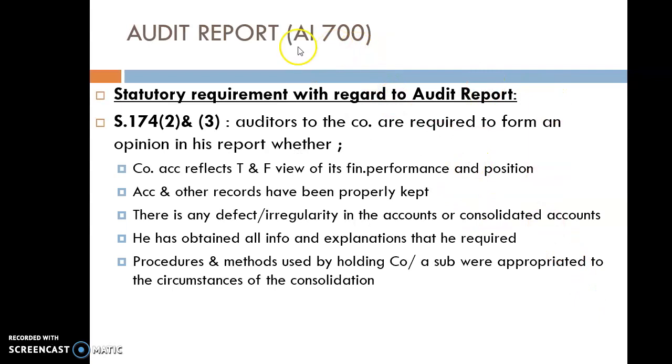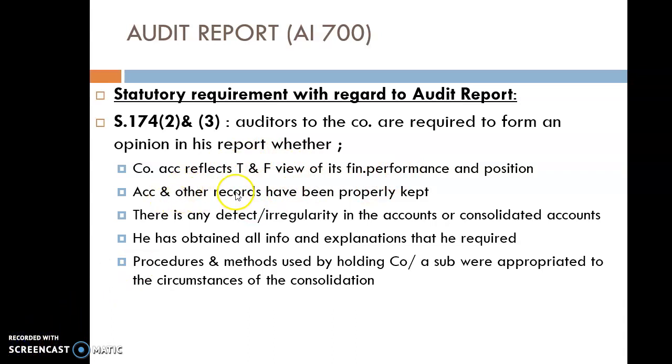Based on the audit report, ISA 700 sets the statutory requirement. With regard to the audit report, section 174 clauses 2 and 3, the auditor to the company is required to form an opinion in his report on whether the company reflects a true and fair view of its financial performance and position.